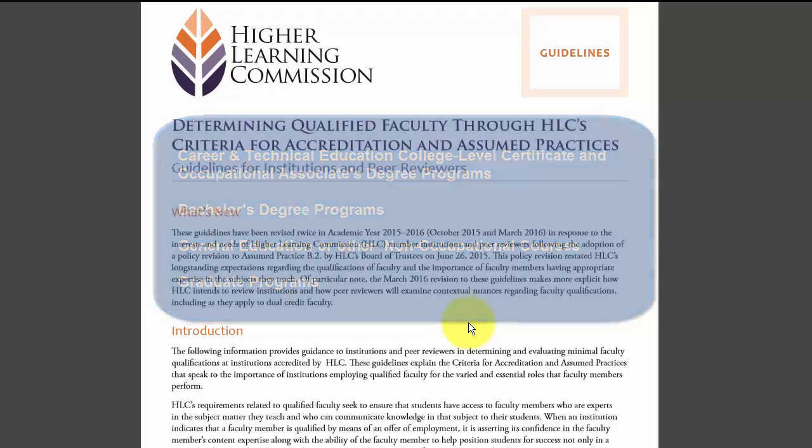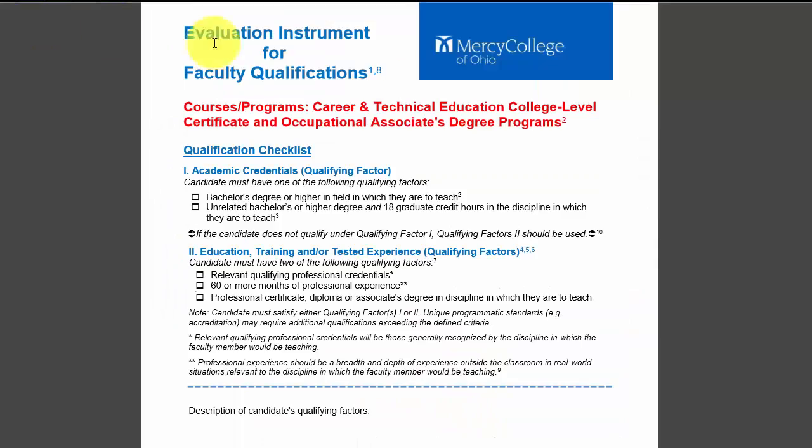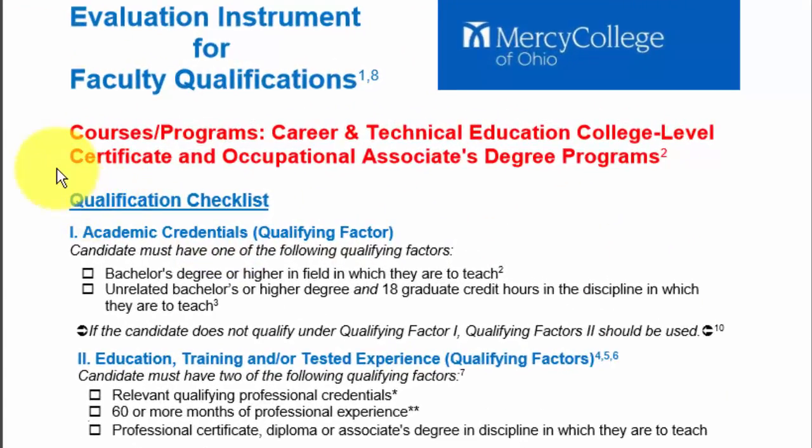All right, well, let's take a look at some of these instruments, and let's start off with the certificate one. As you follow through the document, the red section is the bucket that we're looking at, or the classification.